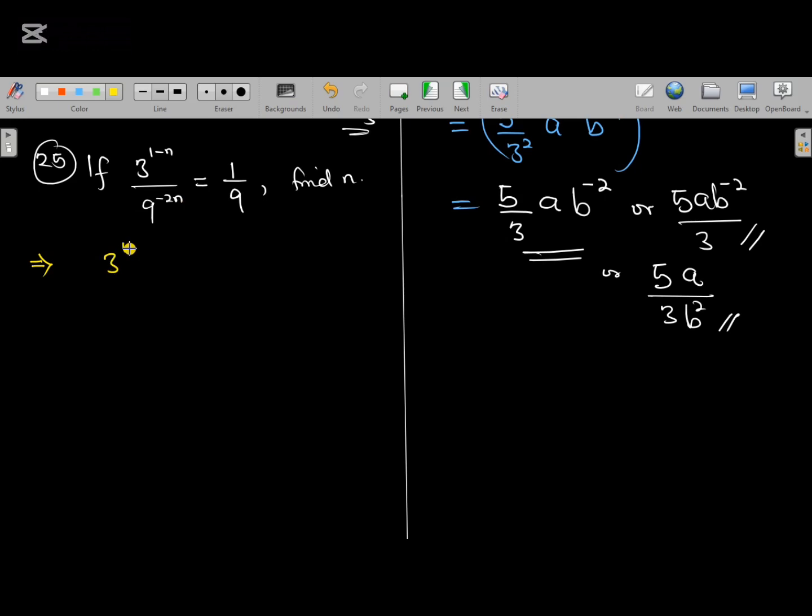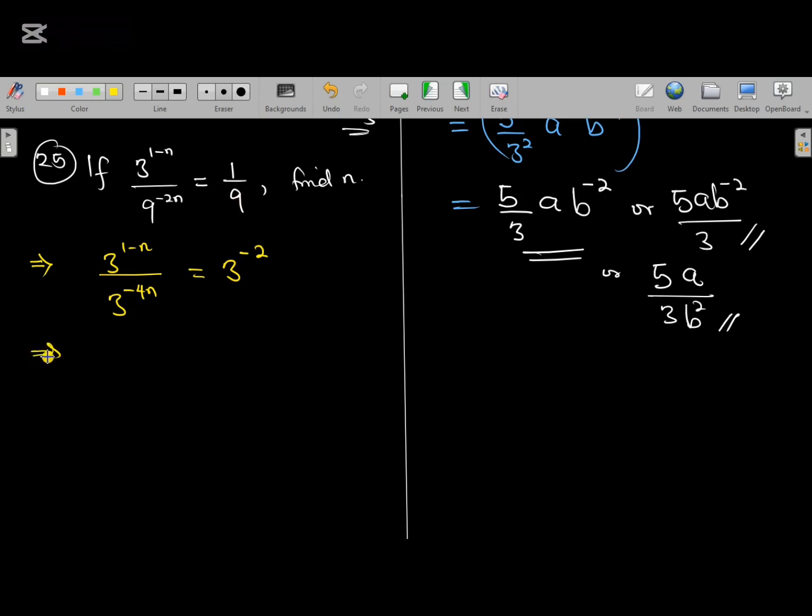This one is already in base 3, so the denominator I will write as 3 to the power of 2, and the 2 will multiply the already existing minus 2n, and that will give me minus 4n is equal to, this one is 1 all over 3 to the power of 2, but I already have 1 over here, so I can write it as minus 2.